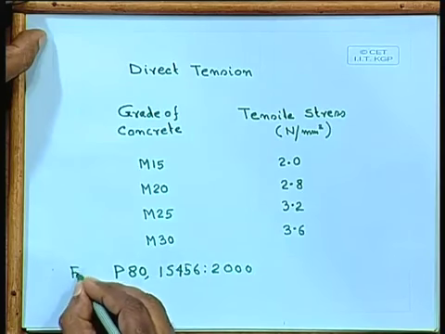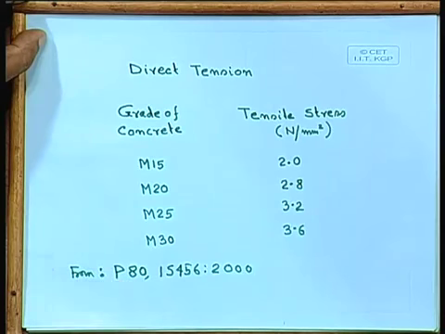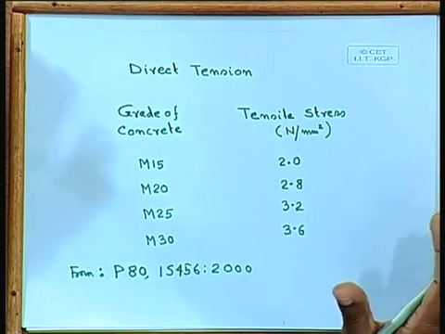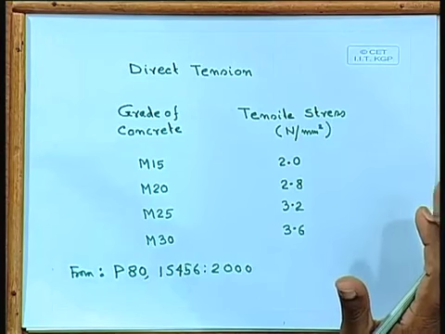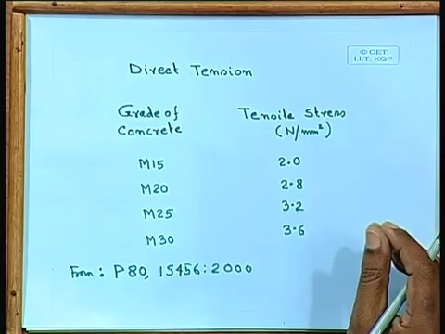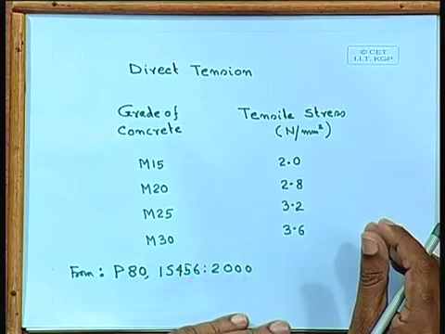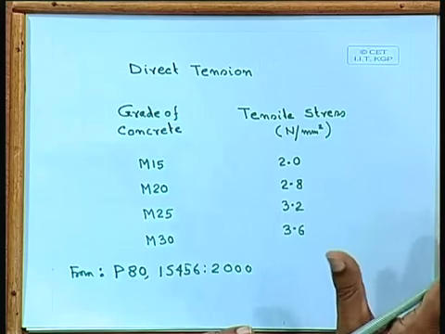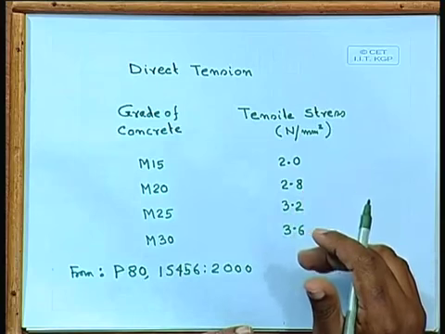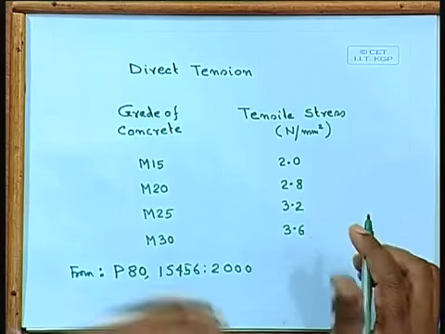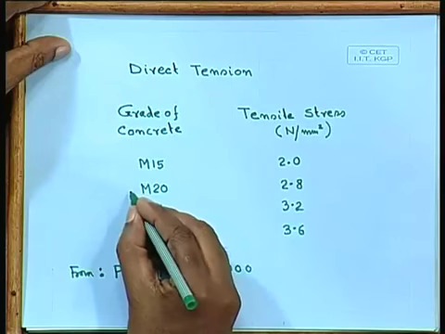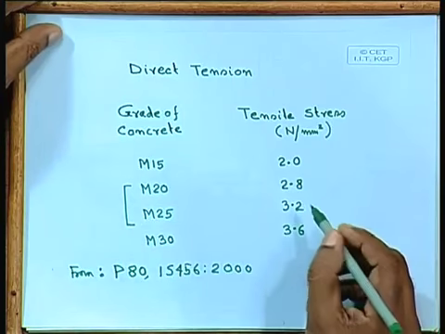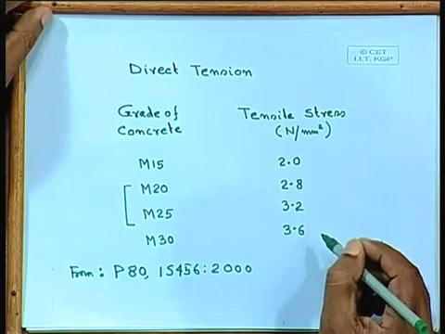These are the limiting values for concrete when it is under direct tension, and we shall mainly consider these two. We can remember 2.8 and 3.2.